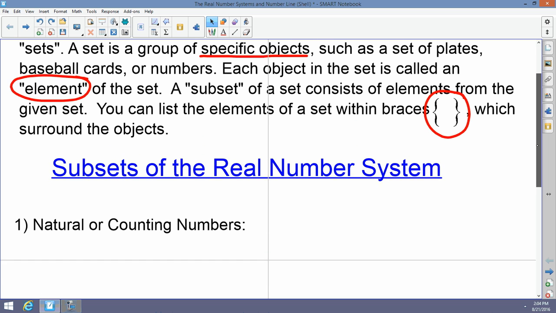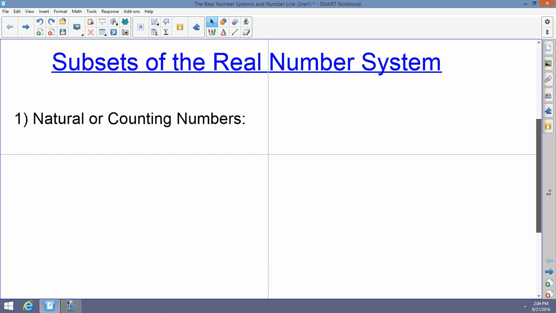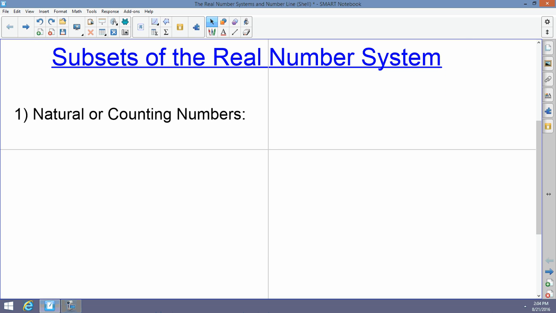Now the first subset we're going to talk about is called natural or counting numbers. They're called natural or counting numbers because when you start counting, you usually count with 1, 2, 3, 4, and that is exactly what natural or counting numbers define. They're the whole units starting with 1.